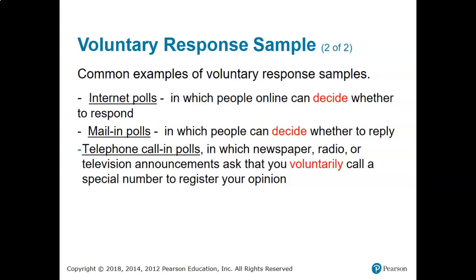You've already been randomly selected by some kind of computer program. So even though you do to a certain extent decide whether you participate or not, you're not initiating the participation in the study. The telephone call-in is where you initiate the participation in the study, and therefore it's voluntary.